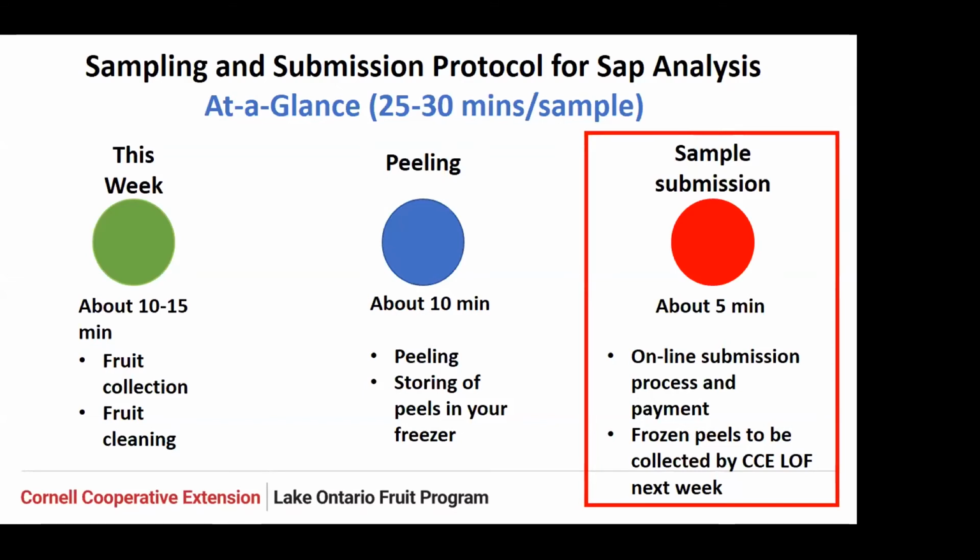And just to clarify, a sample is a bag with peelings from 30 fruit. That represents a block. 60 peels from 30 fruitlets, and that sample represents a particular block that you are interested in, because it's uniform, it has the same rootstock, the same uniformity.